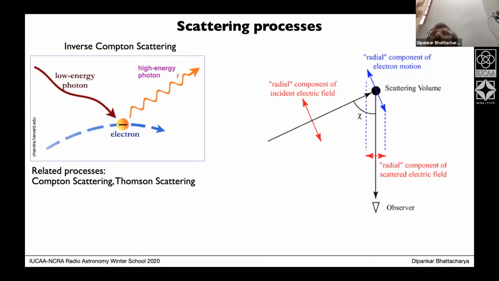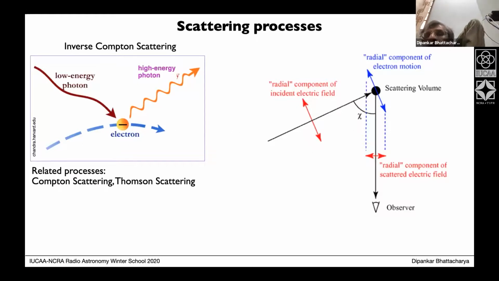The process in which a low energy photon is converted to a high energy photon is called inverse Compton scattering. And this inverse Compton scattering, of course, generates radiation energy in the system, and so it comes as a part of the radiative processes.